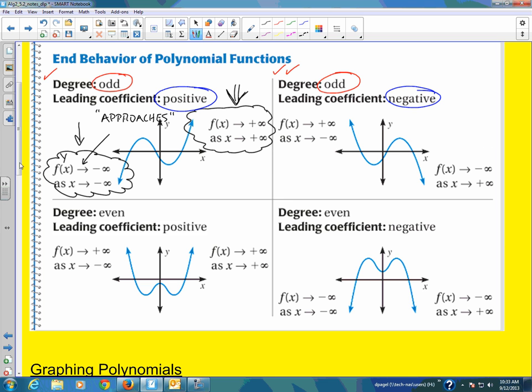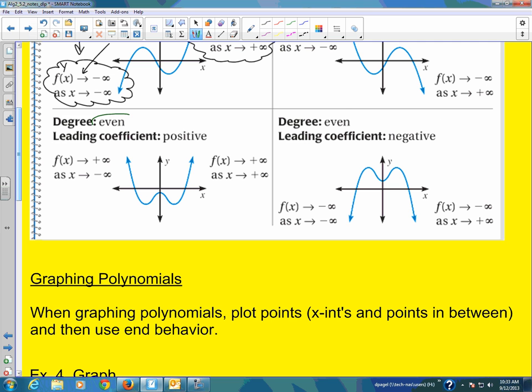The even functions start and end in the same place. So they either start and end at the top, like upper, or at the bottom, lower. Right now, again, you're looking at evens with positive coefficients start and end up. Evens with negative coefficients start and end down.